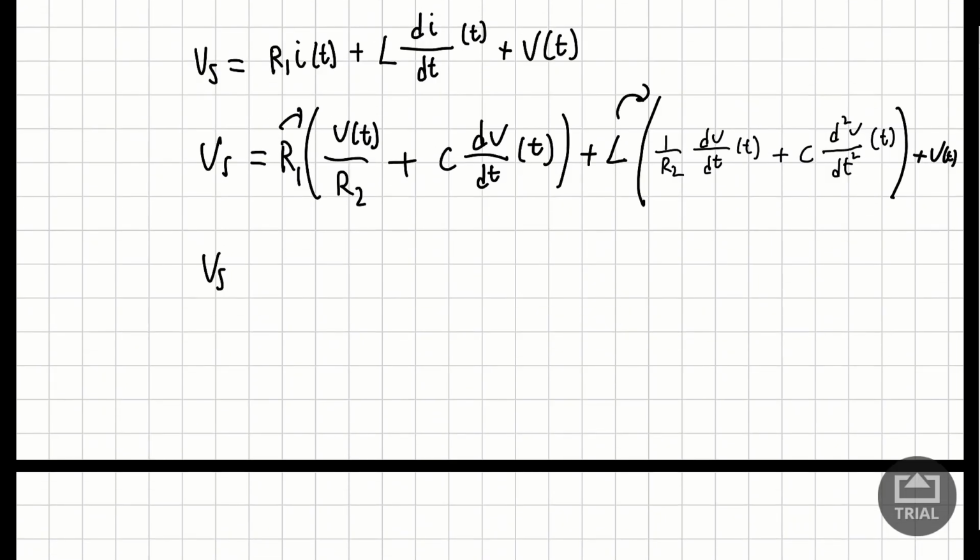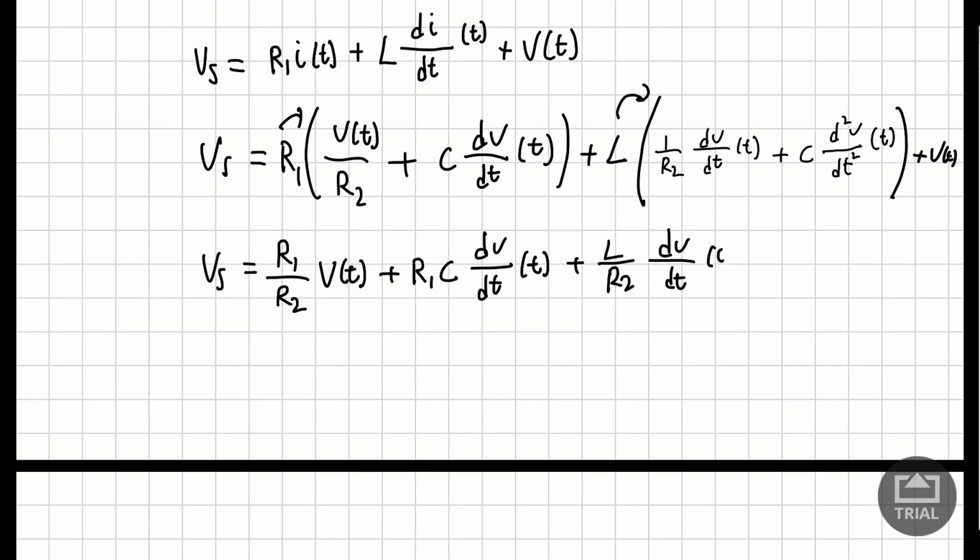When we multiply this in, we'll get R1 over R2 V of t, plus R1 multiplied by C dV over dt, plus L over R2 dV over dt, plus LC and our second order, plus V of t.